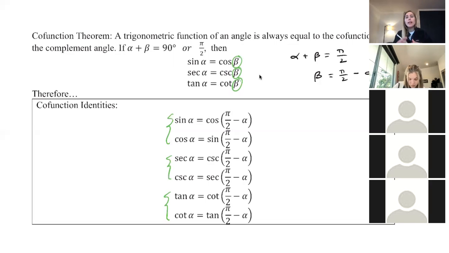Part of the reason I show them here instead of in 6.1 like they do in your textbook is they don't really use these identities in 6.1, right? In 6.1, we were mostly practicing verifying identities, where sometimes you could maybe use the cofunction identities to help you.